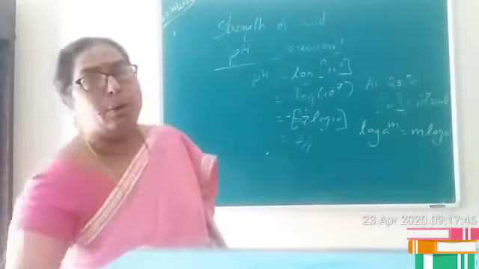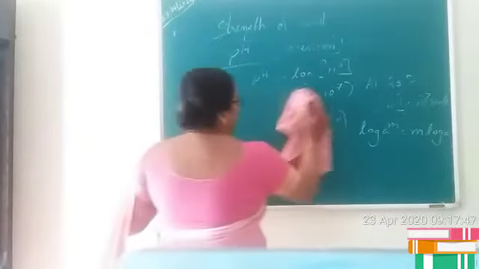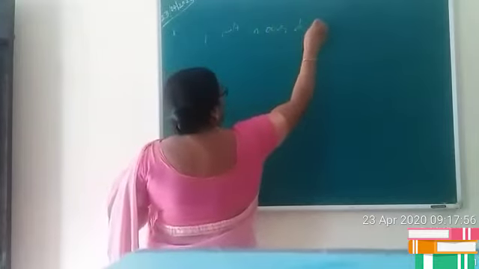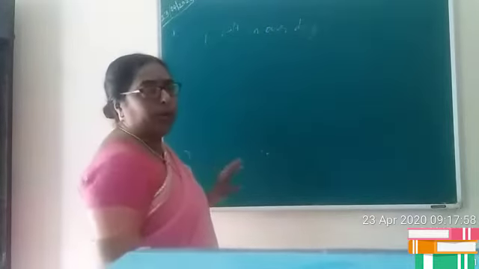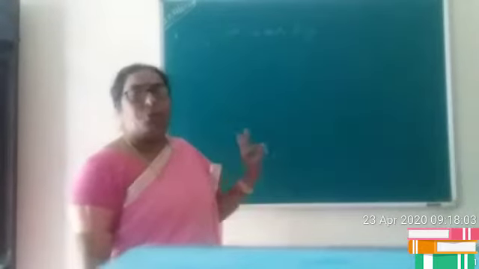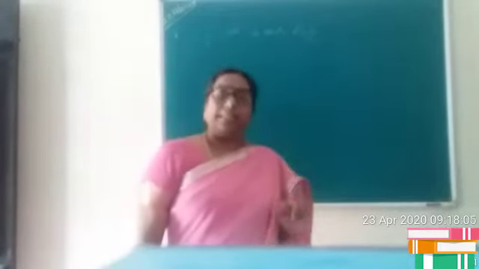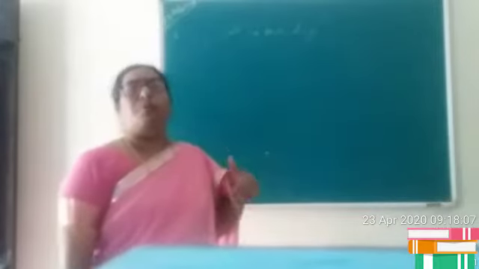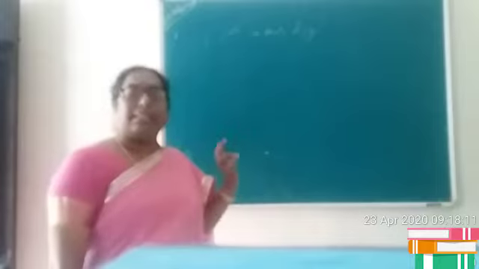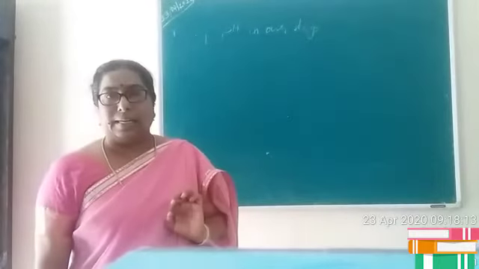Now let us study about the applications of pH. The first application of pH is pH in our digestive system. You know that in our stomach, hydrochloric acid is there, and this hydrochloric acid helps in digestion. But when the amount of acid increases, it causes indigestion which results in pain and irritation.